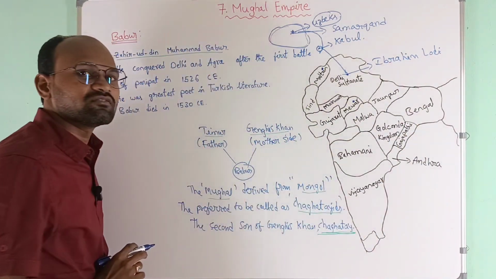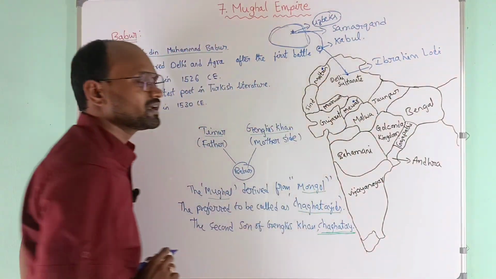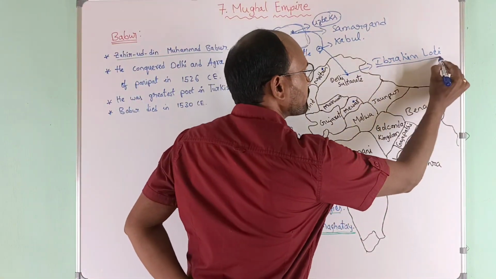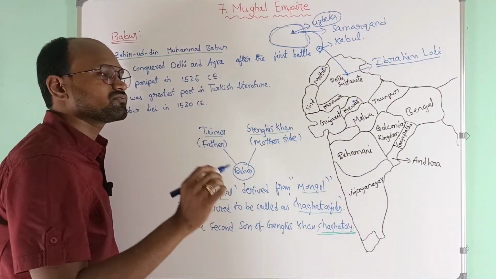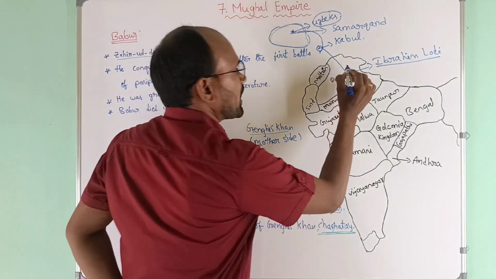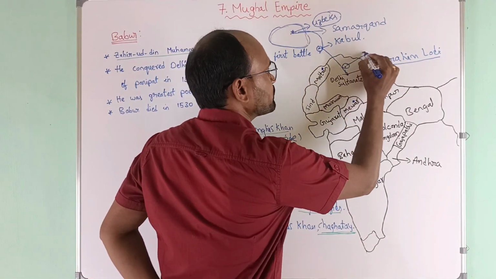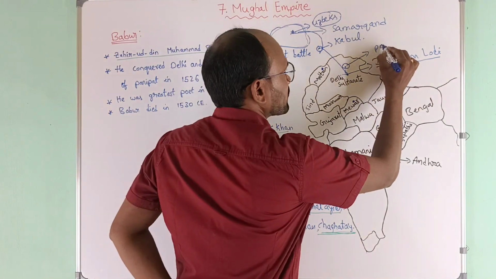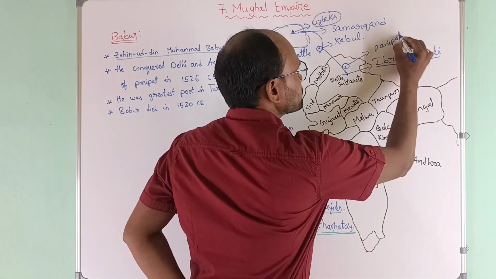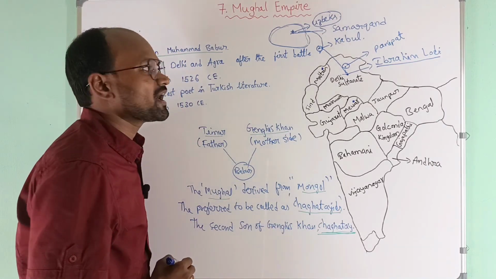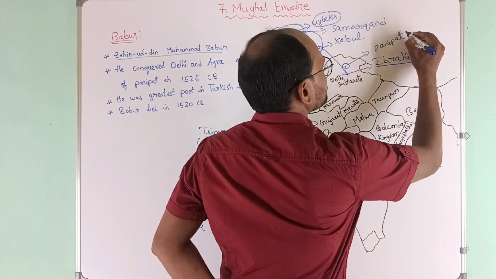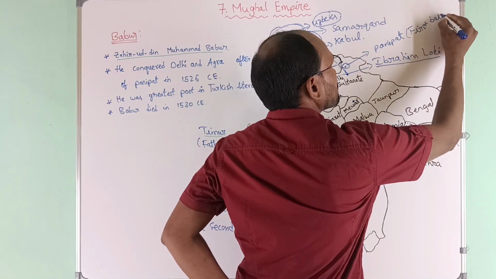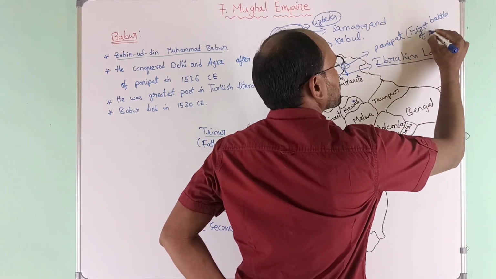So Babur invaded the Delhi Sultanate, or northern India, during the time of Ibrahim Lodi, in the year 1526 AD at Panipat. This Panipat is located in the present state of Haryana. That is why this battle is called the First Battle of Panipat.